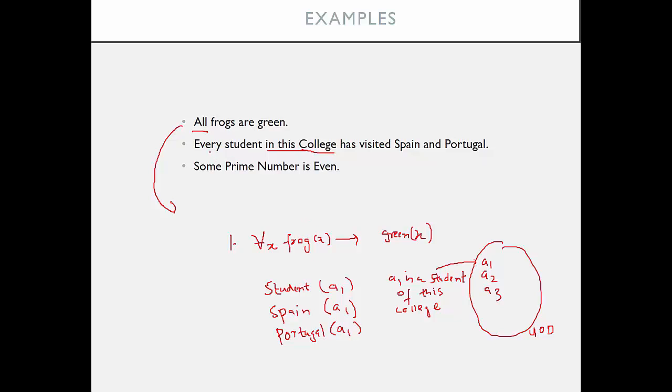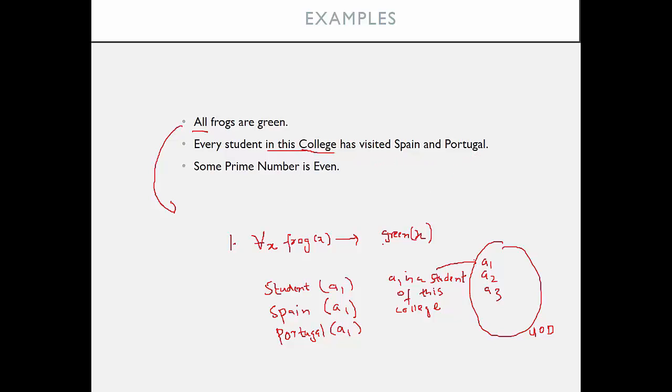According to this statement, every student in this college has visited Spain and Portugal, which means that if A1 is a student of this college, then it's for sure that it has visited Spain and Portugal.